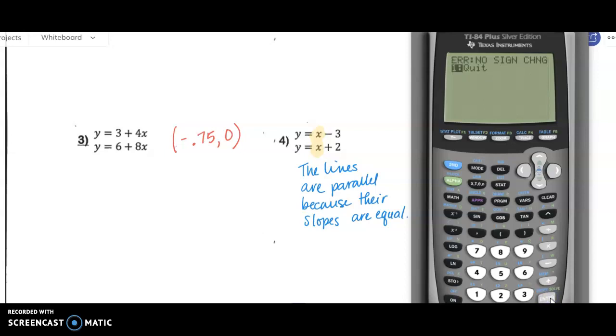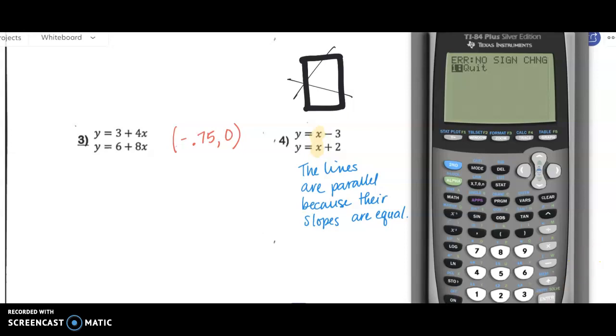Boom, there's that. Now we got that same message on number 2, but it was pretty obvious to see that on number 2, our lines were doing something like this. It just happened to be off of our calculator screen, so we couldn't see it. The calculator likes to be able to see where they cross.